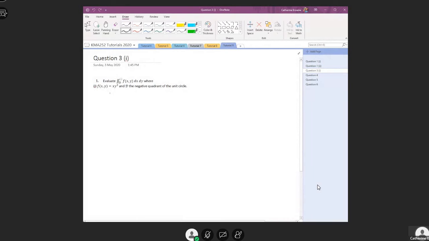So the region D is the negative quadrant of the unit circle we're looking at. So x is going to be less than 0, y is also going to be less than 0, and x squared plus y squared is going to be less than or equal to 1, because it's the unit circle, so the radius is equal to 1.